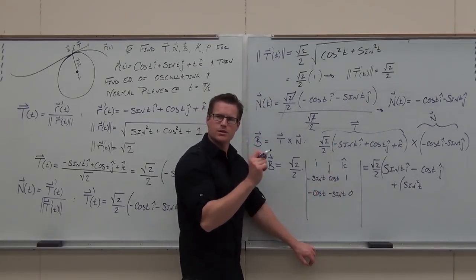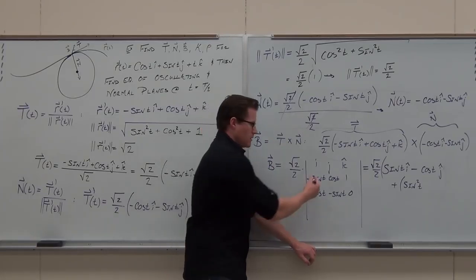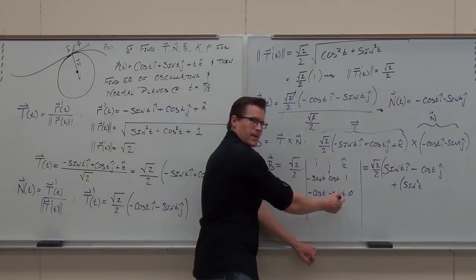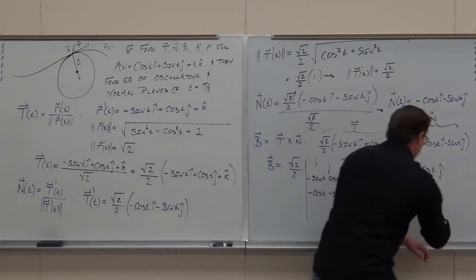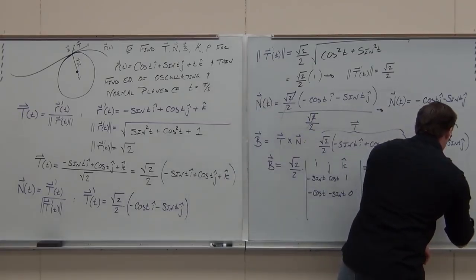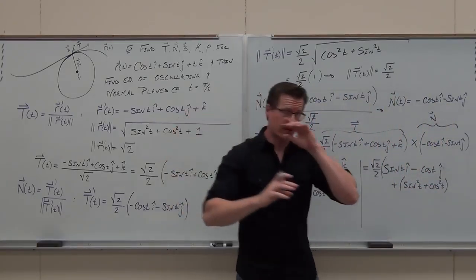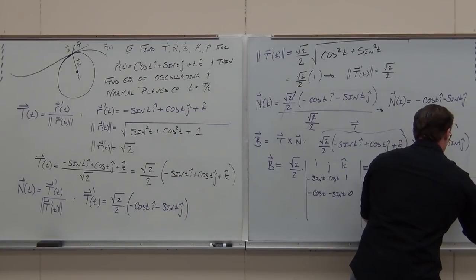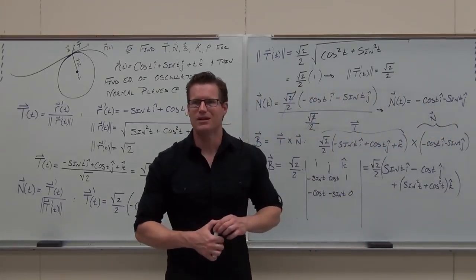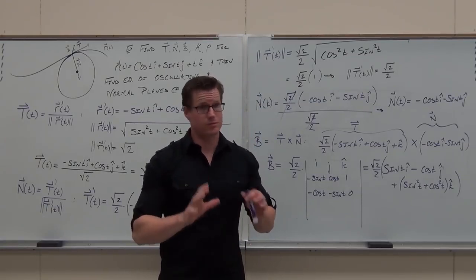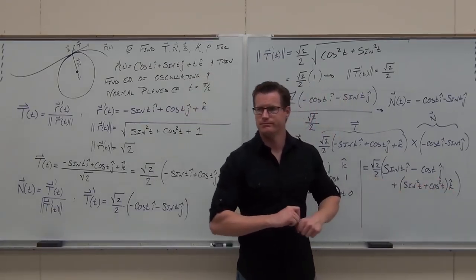Would I be doing plus or minus cosine squared t? Plus. Sine squared, positive, minus negative. So it's going to be plus the cosine squared t. The parentheses hold that together because that is the component of k. Good thing it wasn't a minus. A lot of times you're going to get some pretty good stuff in here. How much does that give you?